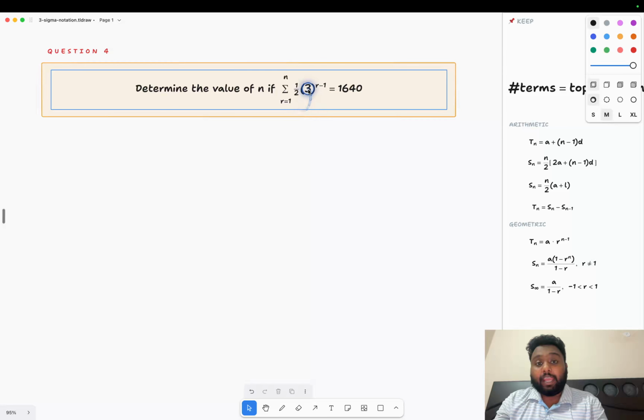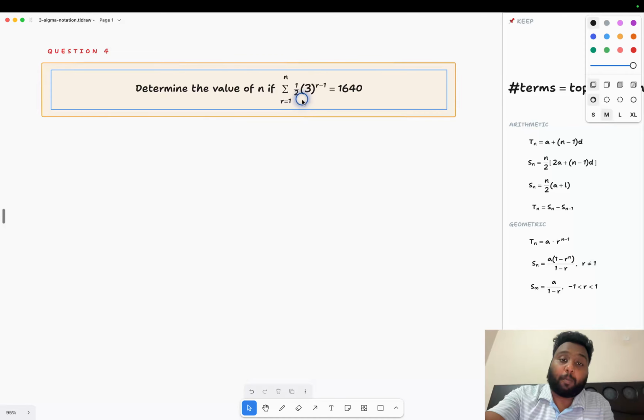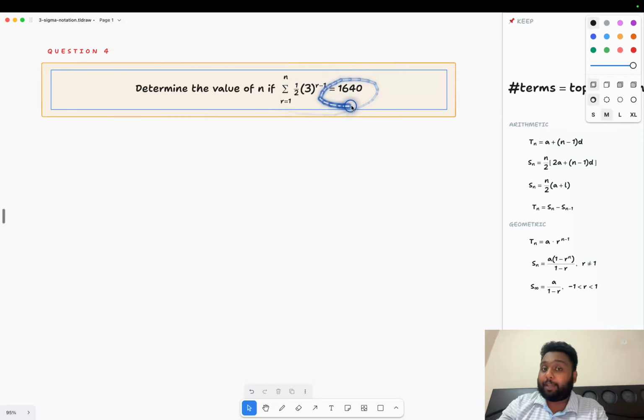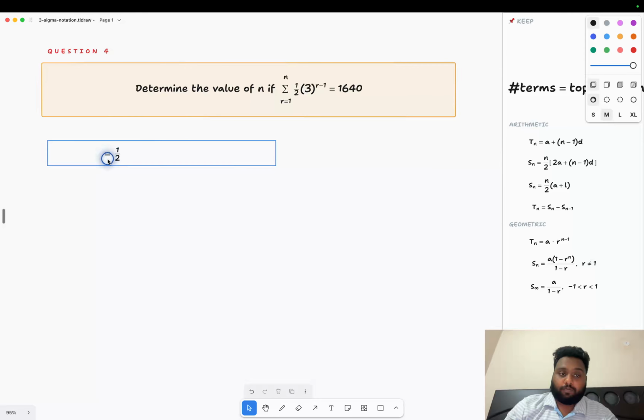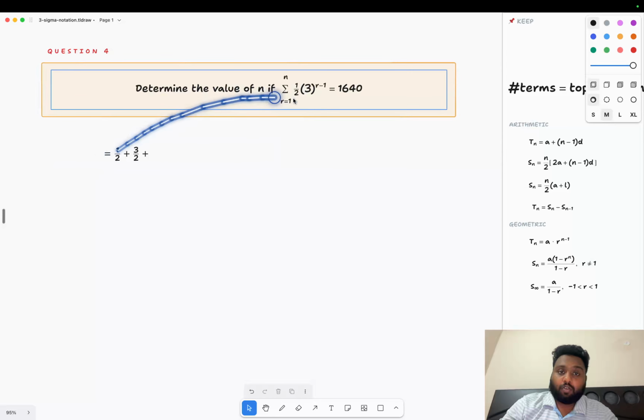This could be an arithmetic series or a geometric series, and it has been told to us that when we sum up all the terms of this series, the result comes out to be 1640, and based on that we have to find the number of terms when we start from 1. When we start from 1 as our first value, we have to determine the number of terms which equal 1640. Okay, so let's first do what we do every time.